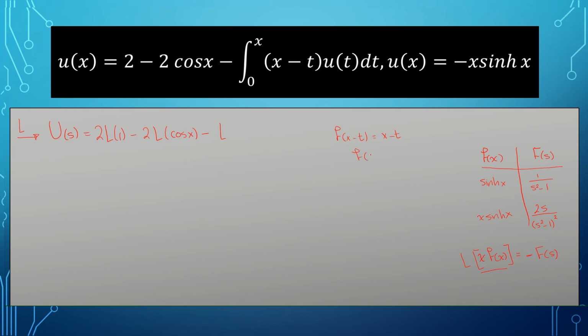So if we say f of k, that will give us k. Okay, so we will write L of x and L of u of x.